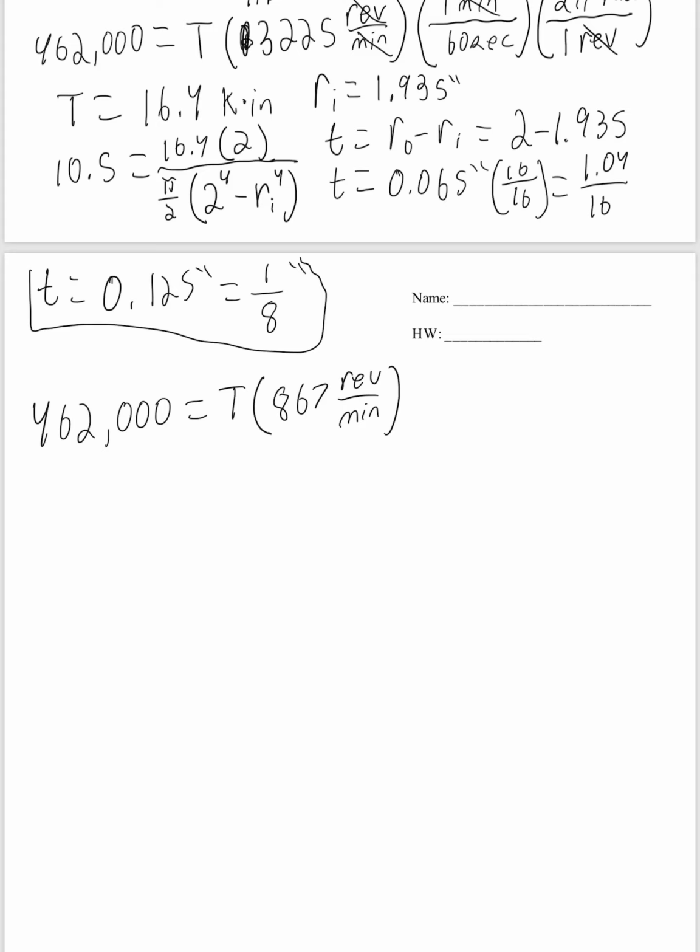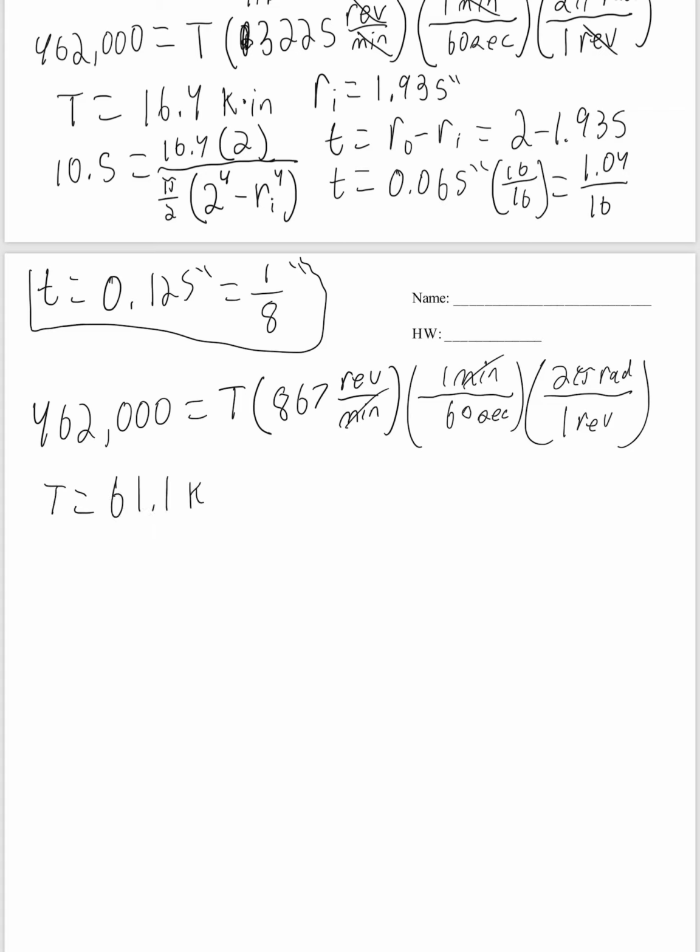And again, same steps here. In 1 minute, there's 60 seconds. And in 1 revolution, there's 2 pi radians. And again, we're going to convert that from pound-feet to kip-inch. So we end up getting a torque of 61.1 kip-inch.